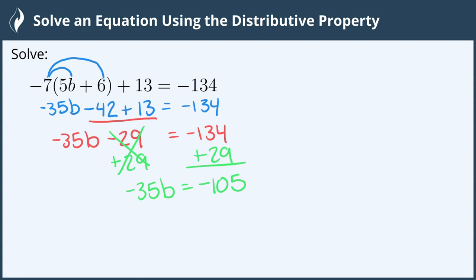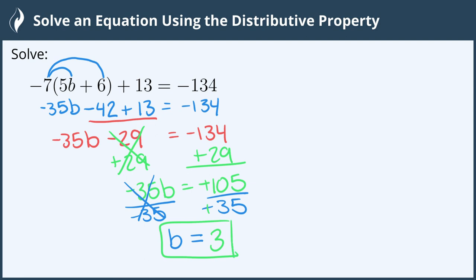And the last step to isolate the b, we'll divide both sides by negative 35. Negative 35 divided by negative 35 cancels, so we get b equals, a negative divided by negative is positive, 105 divided by 35, which in my calculator gives me 3. So the solution is b equals 3.